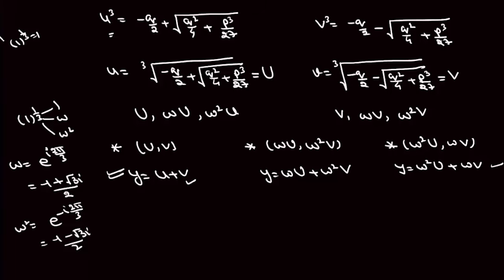Now there's one thing that you should have noticed already, which is this quantity q square by 4 plus p cube by 27 appears under a square root. So let us say this is delta, and let us say this is Cardano's discriminant.